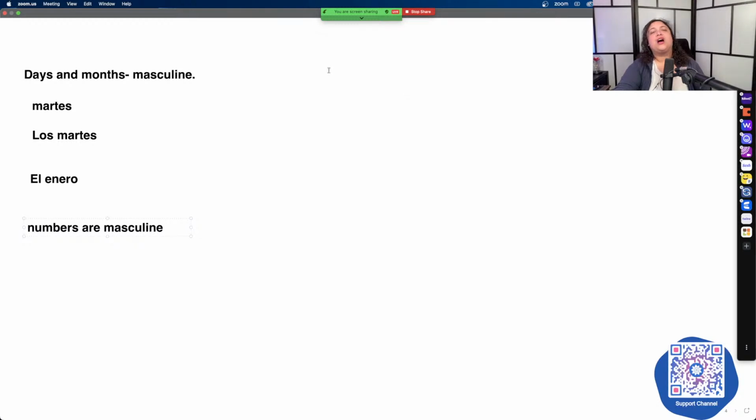Now, other groups that are masculine. I'm going to go ahead and just erase a little bit there. There we go. Compound words. Yes, compound words.